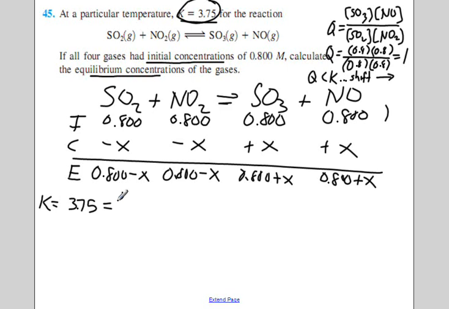It's going to equal 0.8 plus x. Now I could write times another 0.8 plus x, couldn't I? But since that's the same thing times itself, I'm just going to write 0.8 plus x squared divided by 0.8 minus x. And again, I could write times 0.8 minus x, or just 0.8 minus x squared.